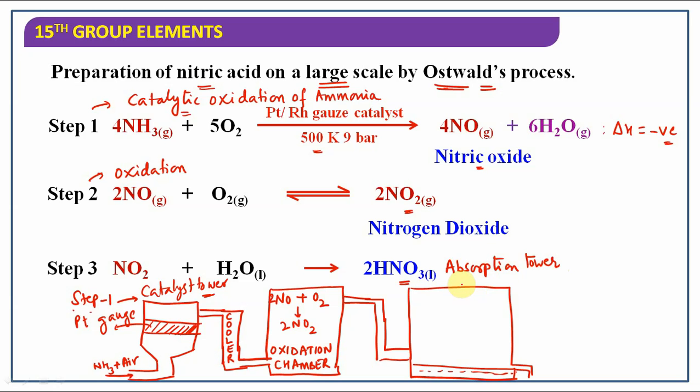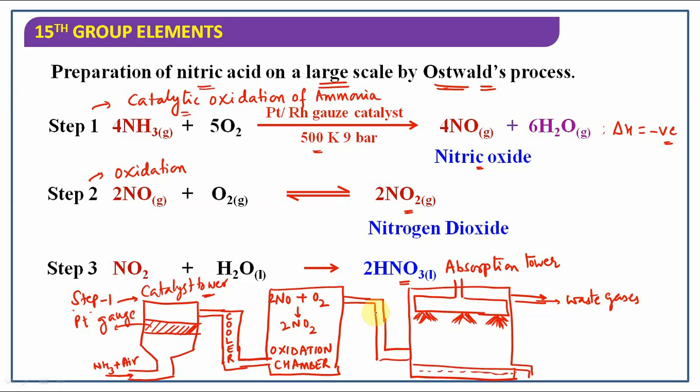right? So in this absorption tower, if you observe it, there is an inlet for sprinkling of water. Water can be sprayed here, right? So if any waste gases are there, those waste gases can be removed out.